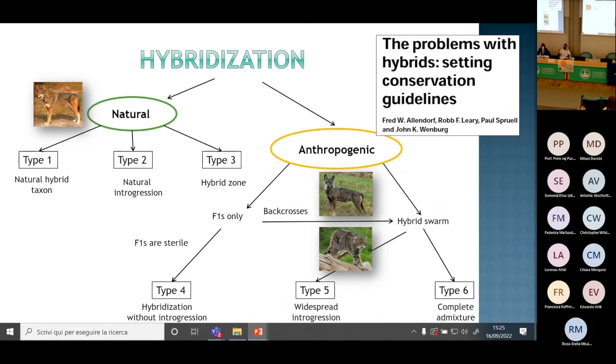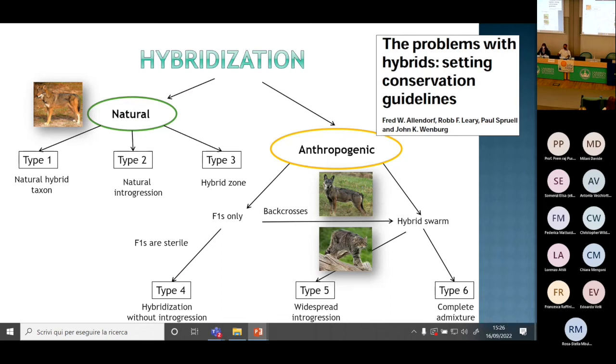Just to recap, hybridization can be generally defined as the cross between individuals belonging to two different species, subspecies, or even populations, distinguishable at least for one hereditary character. Natural hybridization is a very important evolutionary process since it can contribute to the birth of new taxa.